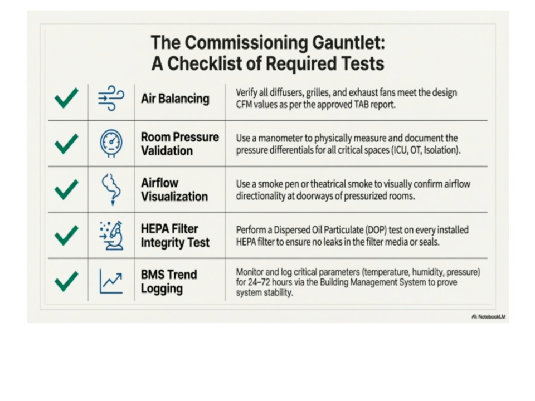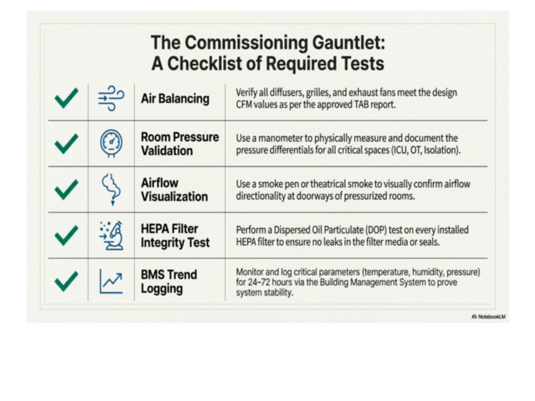Finally, we monitor the building management system continuously for 72 hours. This extended observation helps us identify any fluctuations or instability in the system, ensuring everything remains stable over time. All these steps, from pressure validation to continuous BMS trend analysis, tie back to our overall goal, ensuring a safe, efficient, and reliable environment.